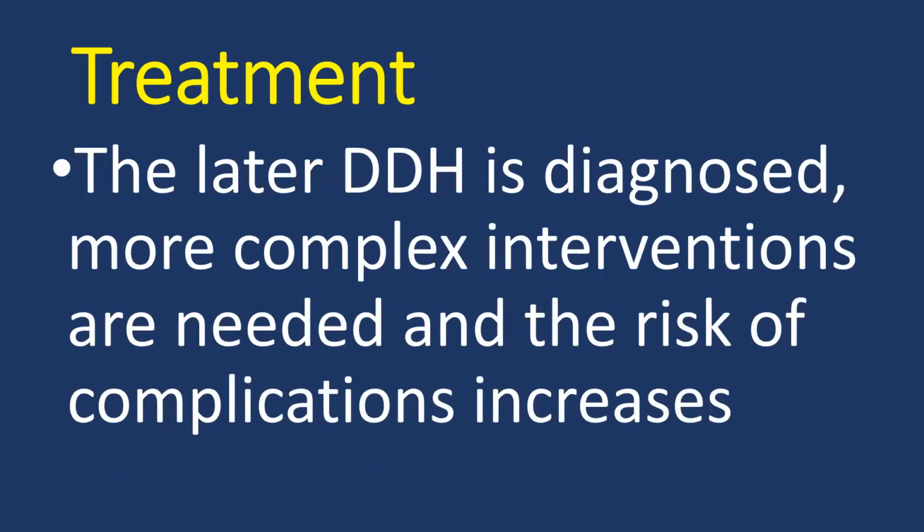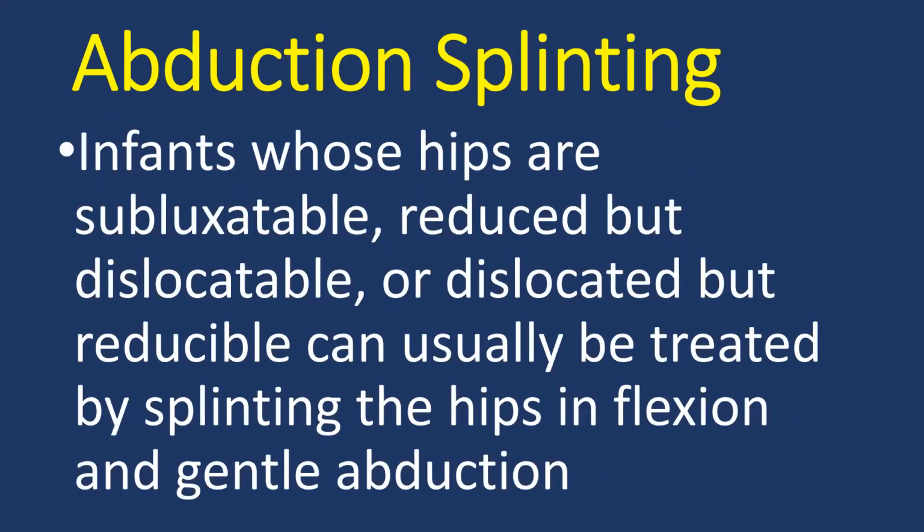The later DDH is diagnosed, the more complex interventions are needed, and the risk of complications increases. Infants whose hips are subluxatable, reduced but dislocated, or dislocated but reducible, can usually be treated by splinting the hips in flexion and gentle abduction.